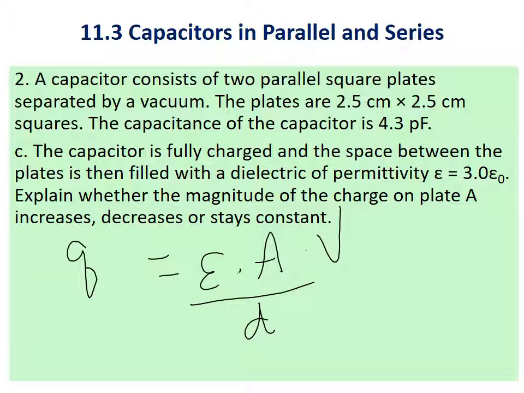Area stays the same. The distance stays the same. The voltage stays the same. So all that changes is epsilon. So please explain, does it increase, decrease, stay constant, and why?